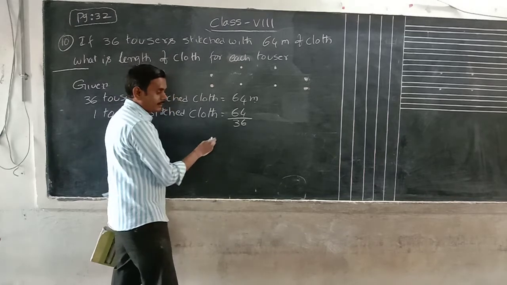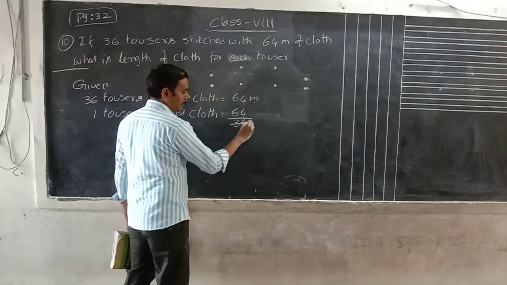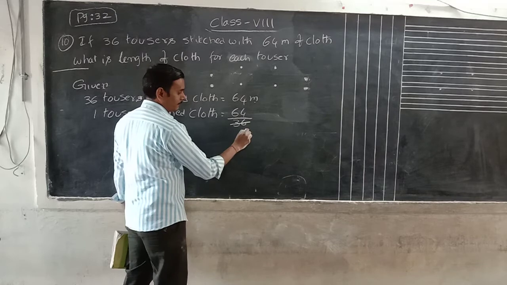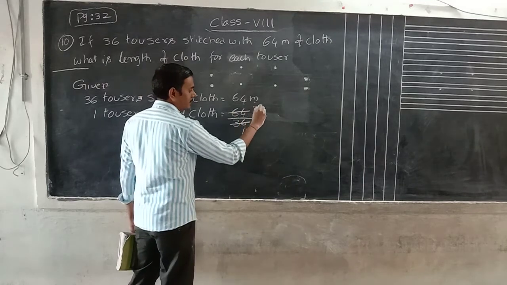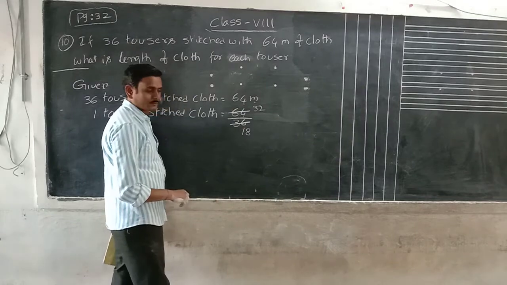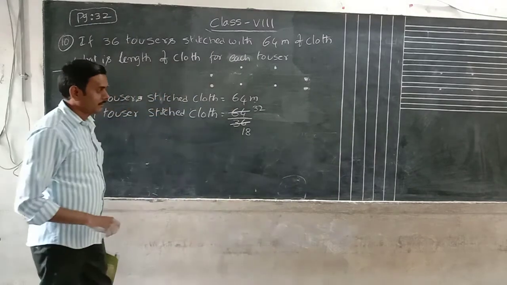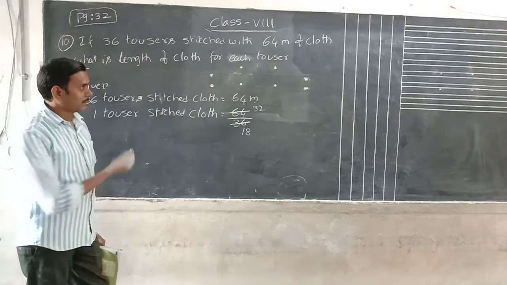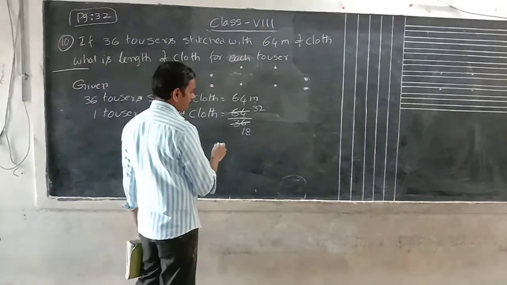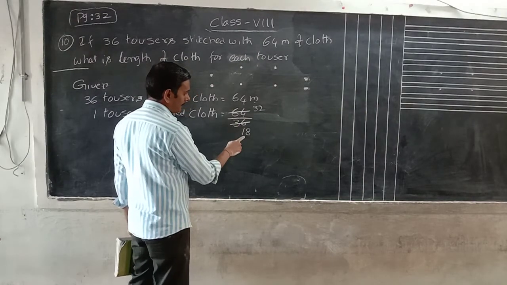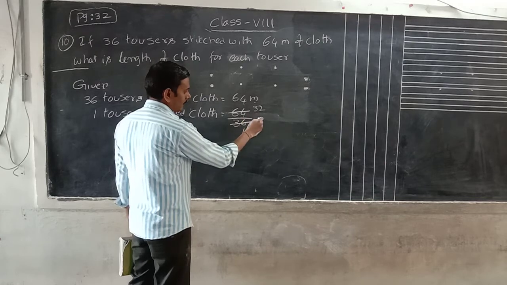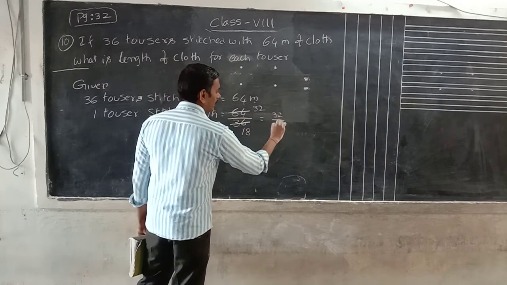Now this one we have to cancel. Okay, with the 2 table. 2 1s are 2, 2 8s are 16, 2 3s, 2 2s. Okay, is there any cancellation possible? No. That is the only answer. Okay, 32 by 18 meters.